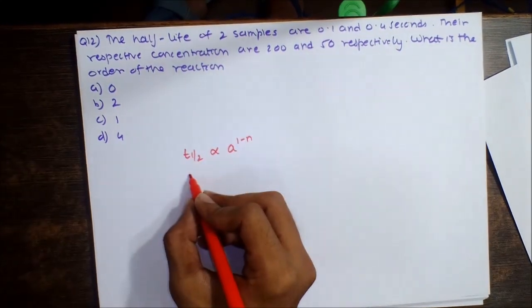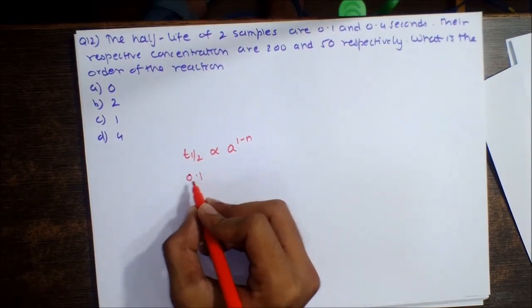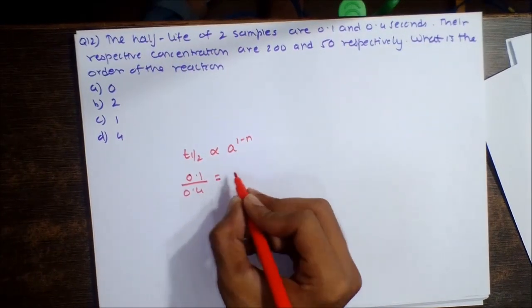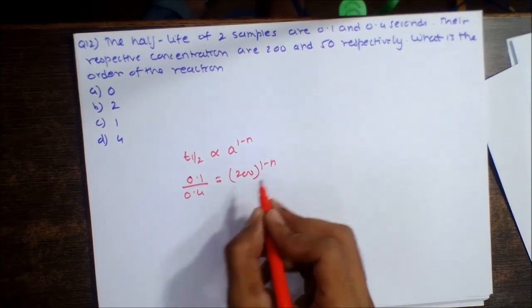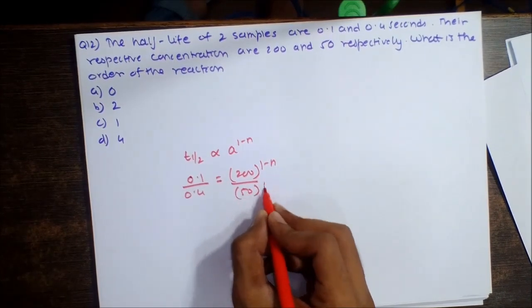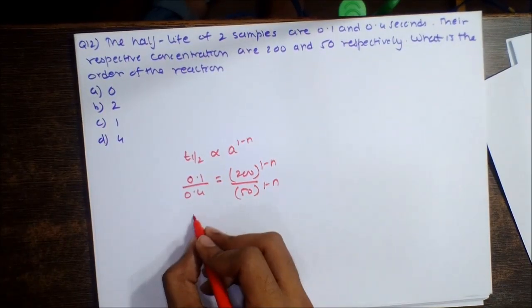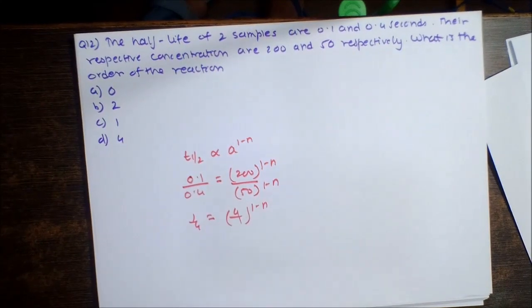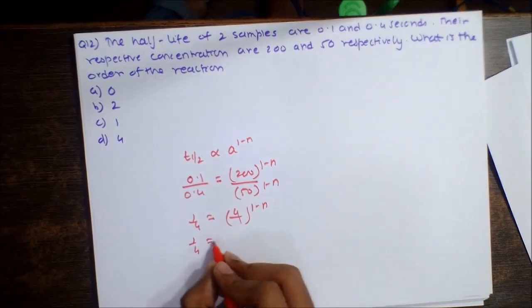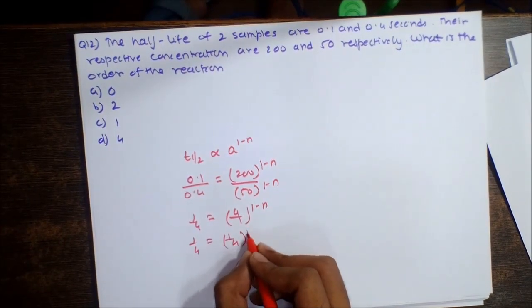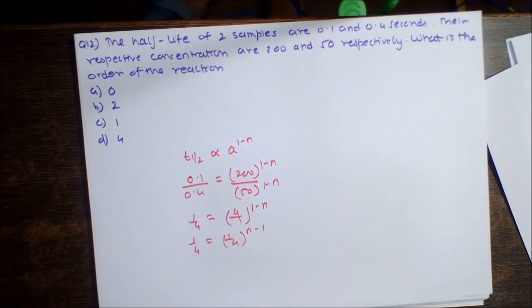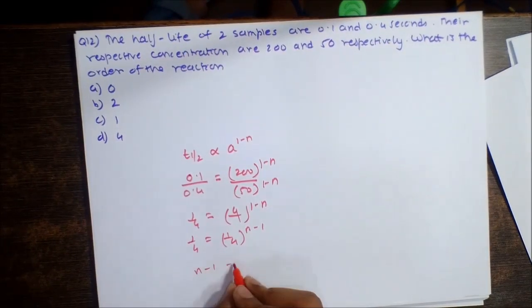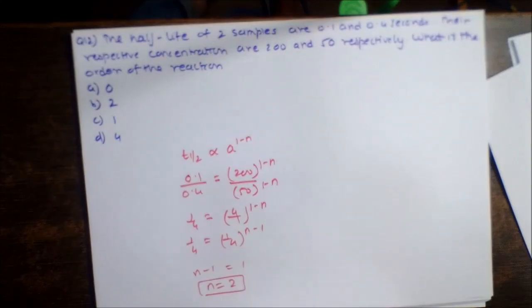In this case, 0.1 upon 0.4 would be equal to 200 raised to 1 minus N upon 50 raised to 1 minus N. 1 upon 4 would be equal to (4 upon 1) raised to 1 minus N. Therefore, 1 upon 4 will be equal to (1 upon 4) raised to N minus 1. So, N minus 1 equals 1. So, N would be equal to 2.